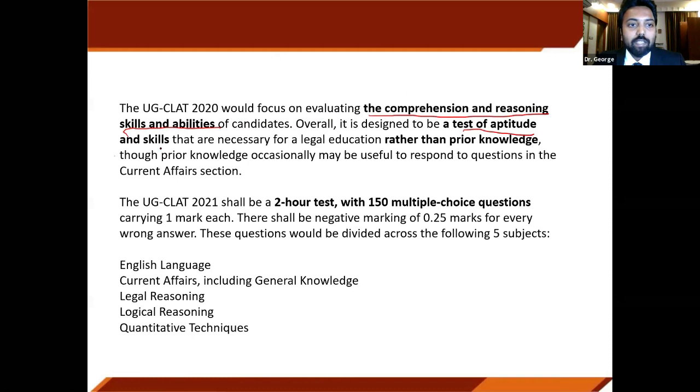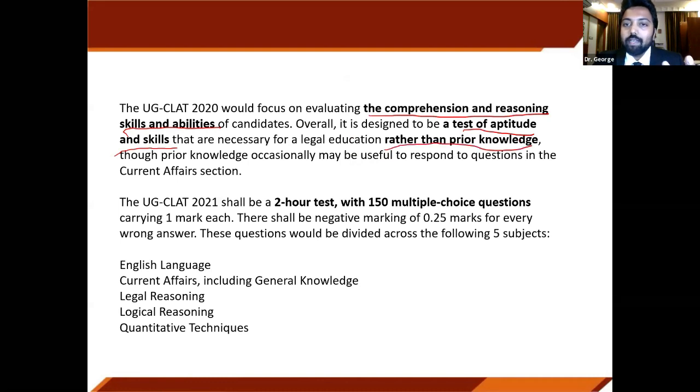So what are they trying to say? Comprehension and reasoning skills, aptitude and skills. These are things they would expect of an aspirant who wants to get into legal education. And they don't really want you to have prior knowledge, rather than what is necessary for legal education.